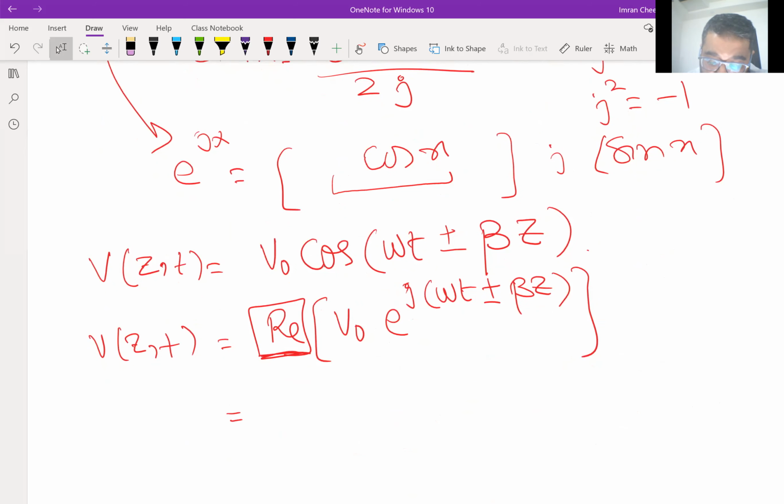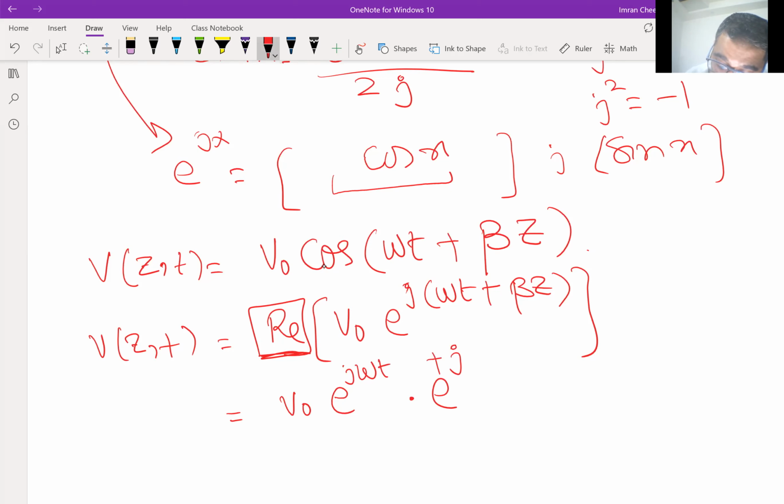Again, for mathematical convenience, I drop that. So V naught e^(j omega t) dot e^(j...). Okay, इसको मैं थोड़ा सा आसान करता हूँ. इसको मैं प्लस रखता हूँ अभी, बाद में मैं चेंज करता हूँ. So e^(+j beta z).